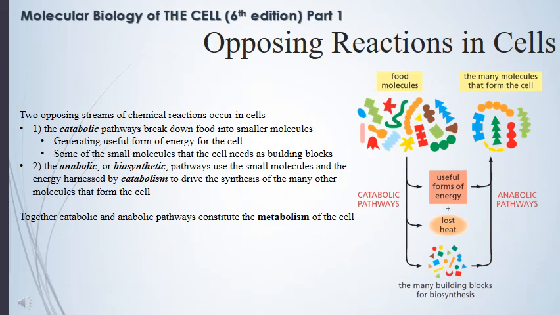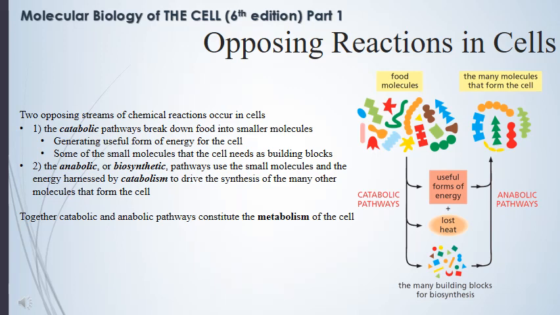We all know that biological systems are complex, and we all know that many different things happen simultaneously. There are many different reactions that are seemingly opposite to each other but occur at the same time. So usually we have two opposite streams of chemical reactions occurring at any time.